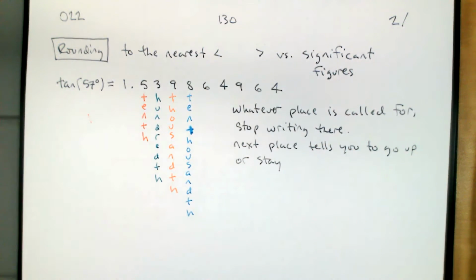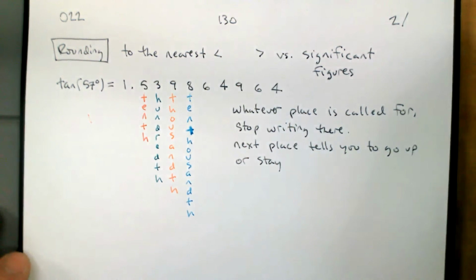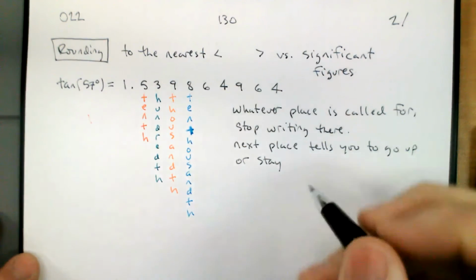Sometimes this is referred to as rounding down. You're just stopping. You could think of rounding down as going back to where you were. The question is, are you past halfway? If you are, keep going. That's one way to think about it.